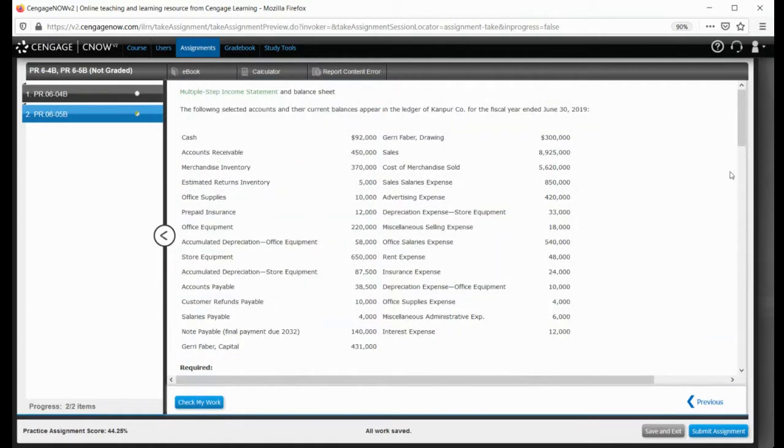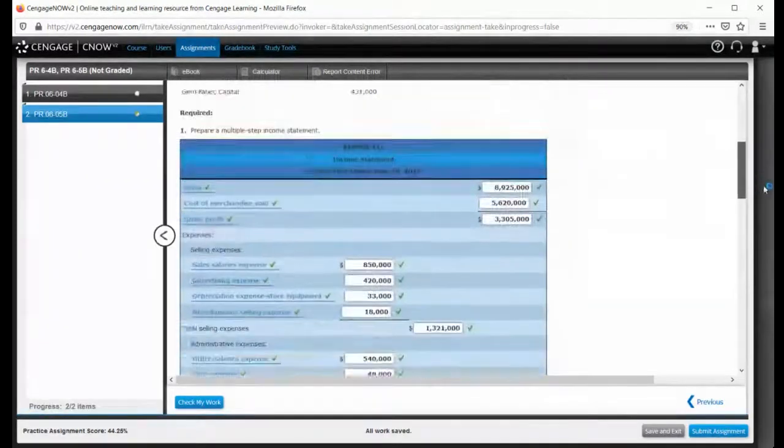And then the last current liability has to do with notes payable, but you're not going to use the amount of $140,000 because this says that it's due in 2032. So part of this note payable is due long term, but a portion of this is due this year. So they kind of made this a little tricky and they hid the information that you need for that.